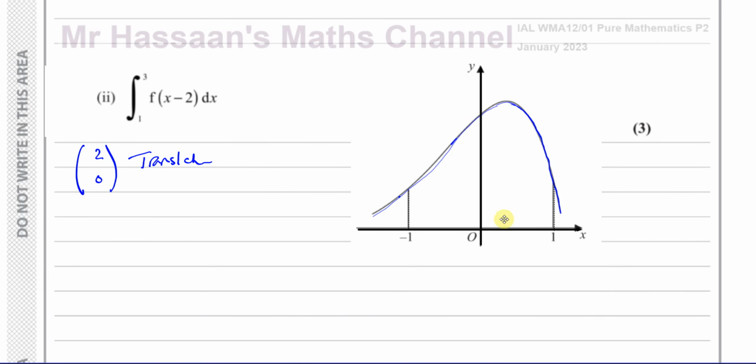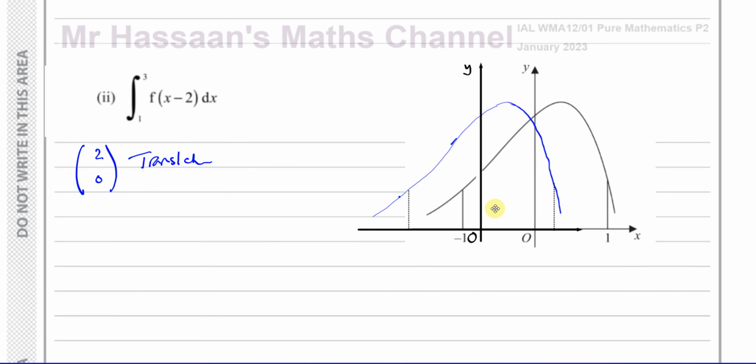So this point's going to move to there, and that point's going to move along here. So let me just fix that. Okay, so now basically what's going to happen here is this whole thing is going to shift 2 spaces to the right.